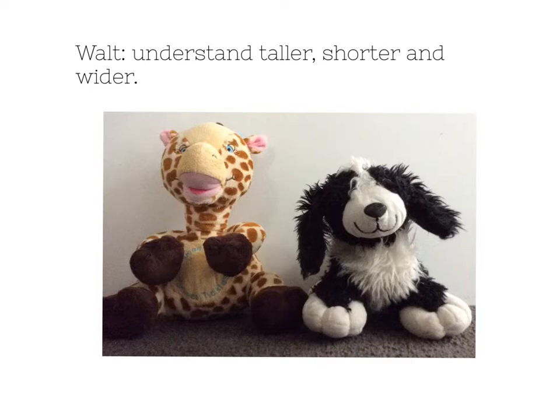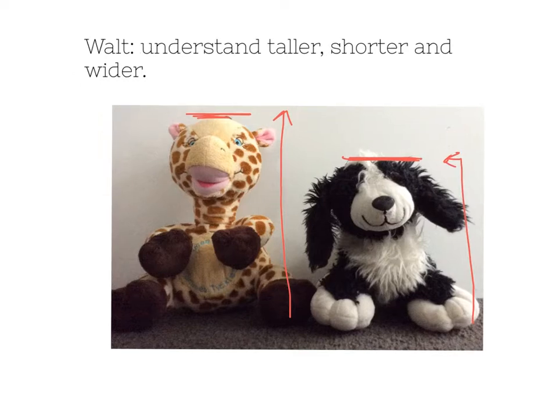So the giraffe, its top point is here, and the dog's top point is here. So our giraffe is taller from the bottom to the top point of his head than the dog's top point of his head. So the giraffe is taller.